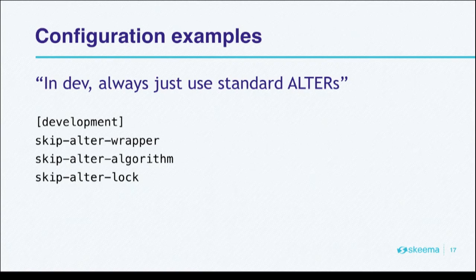It supports skip prefixes, which, just like in the MySQL server, means disable something or null it out. In this case, it's kind of a convoluted example because the defaults for all of these options are to have them be disabled anyway. But at least with this setup, if you globally configured for all environments that you normally want to use pt-osc, you could then override that in development by saying skip all of these settings.